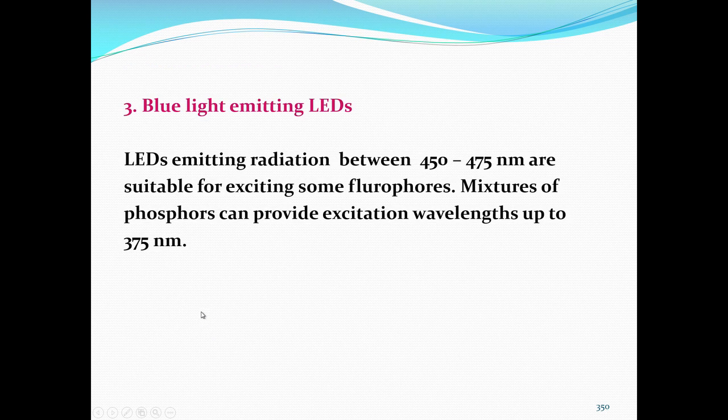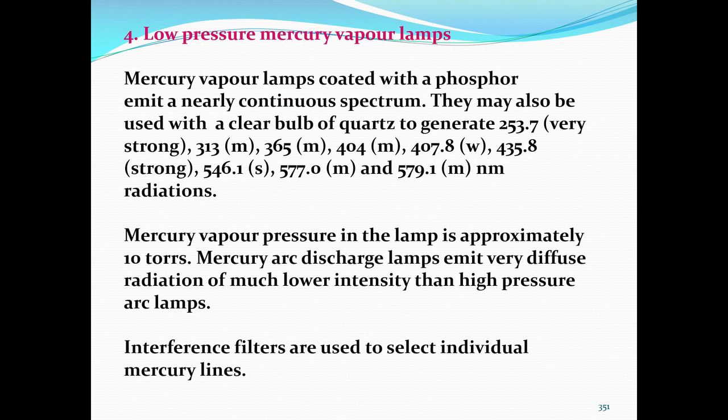You can also have blue light emitting LEDs as a source, and they are not much in use as a routine instrument, but they are around. You can use a hydrogen lamp also for excitation, but again the hydrogen lamp could cause decomposition of the sample.